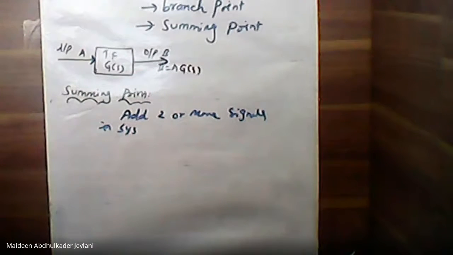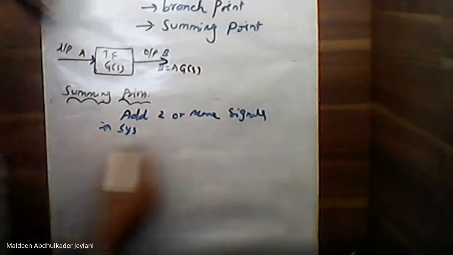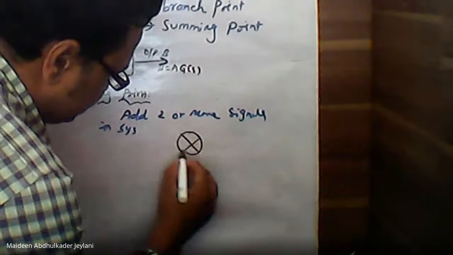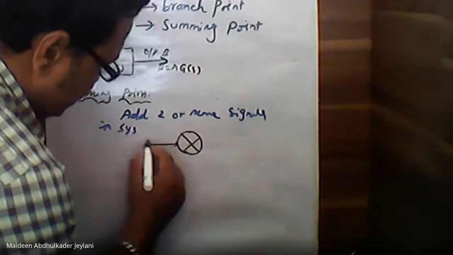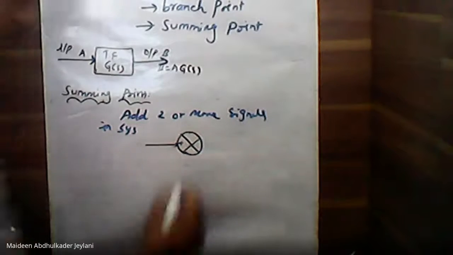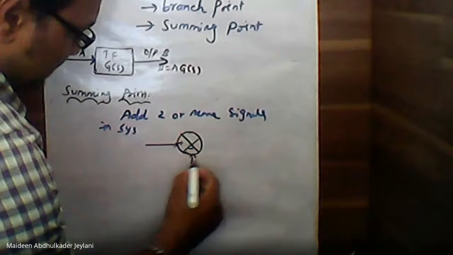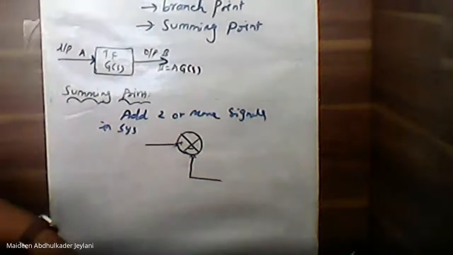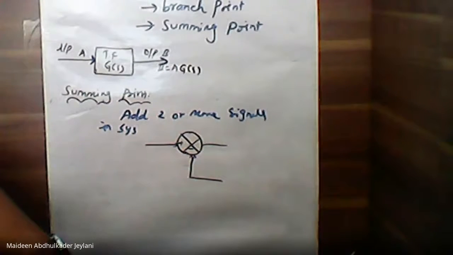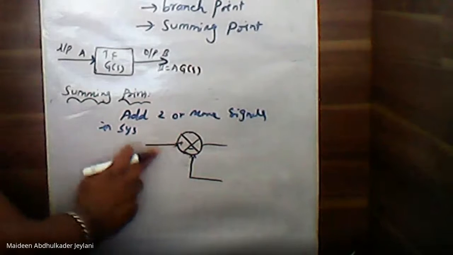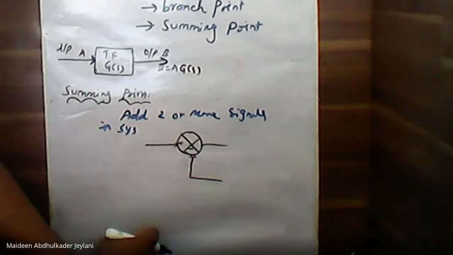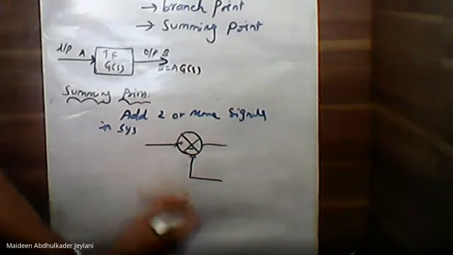Clear? So that can be represented as, say for example, this is one input and this is another input to the system. Here we have one input with a positive sign and another input with a negative sign.